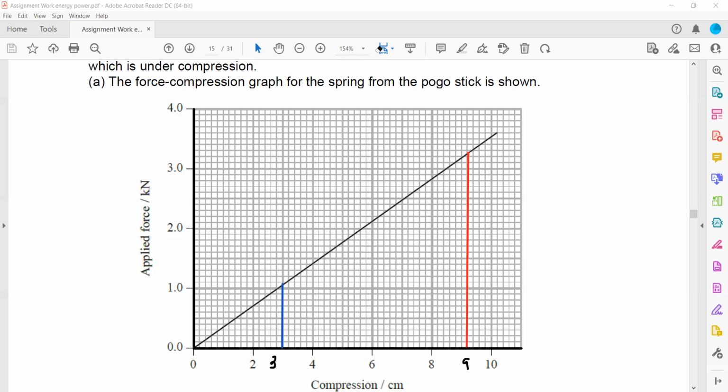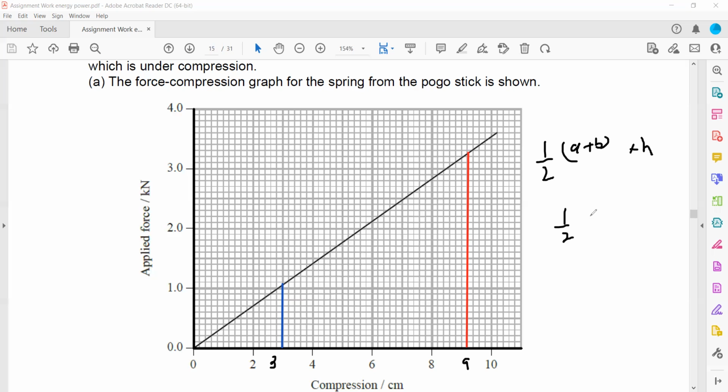What is the second way? I can just find the area of this part, which is making a trapezium. So half sum of the parallel sides into height. So 1 by 2, the parallel sides, one is 1.1 and this one is 3.3.